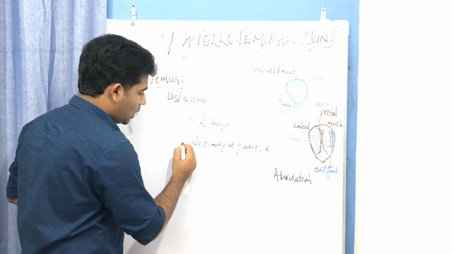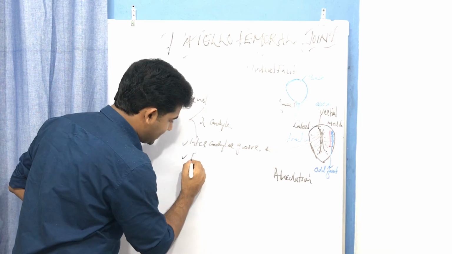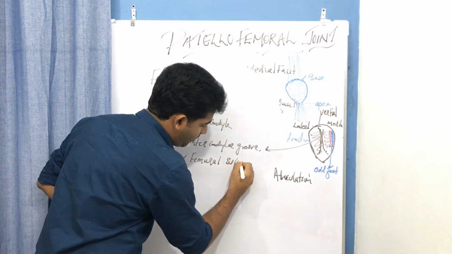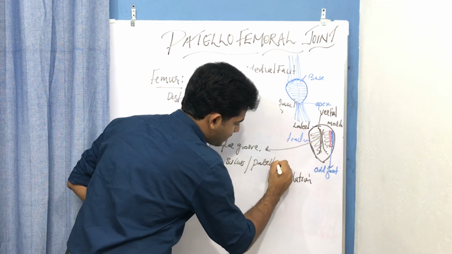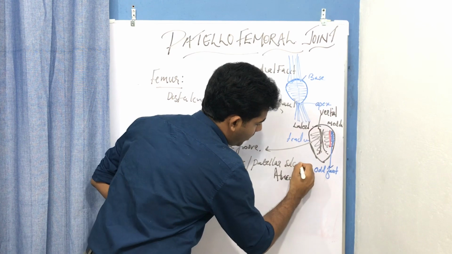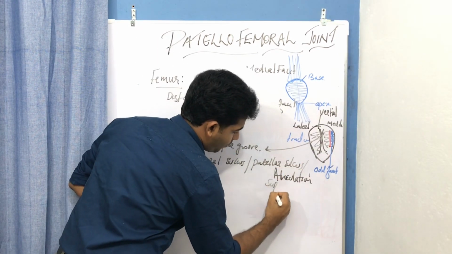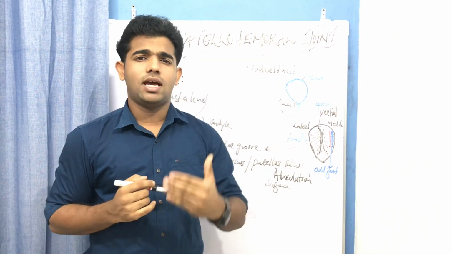Okay, now when we evaluate further, we see that there is an articular surface for the patella, known as the femoral surface or patellar surface. This we had discussed in the beginning of the knee complex. That is the femoral sulcus or patellar sulcus, an articular surface for the patella in the femur.